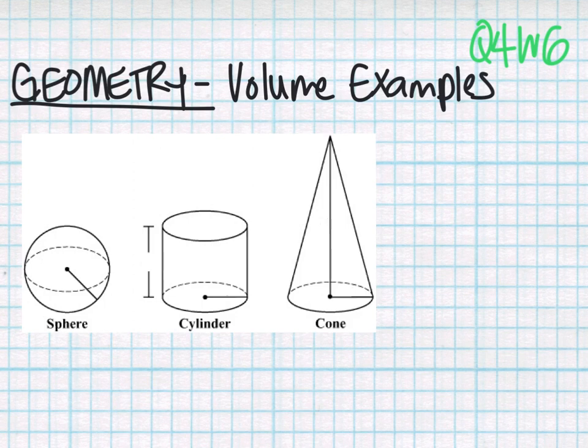So this first shape over here is a sphere. And we have a cylinder and a cone. One thing to remember about these shapes, if I look at the sphere, does the sphere have a base? No. It does not have a flat surface that it sits on. If I look at my cylinder and my cone, they both have a flat surface to sit on. That's the bottom part of them right down here.